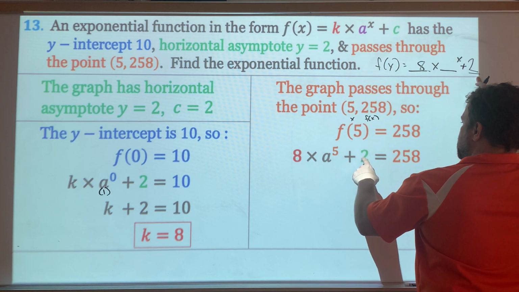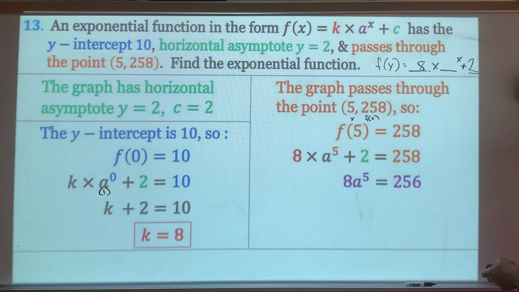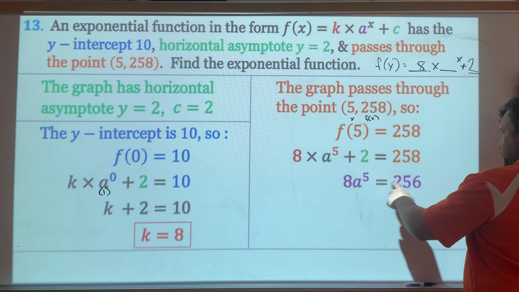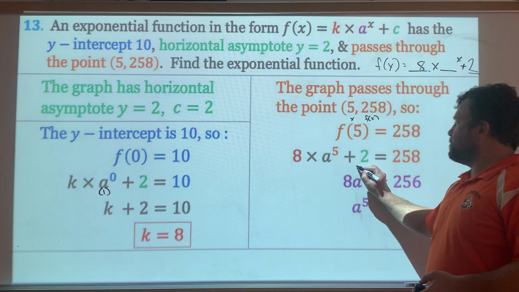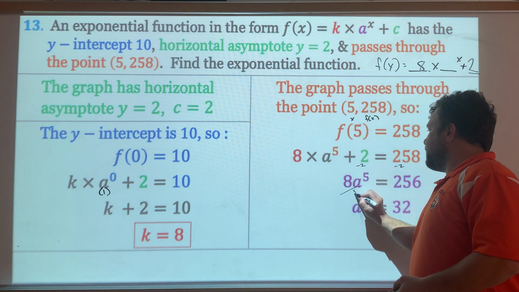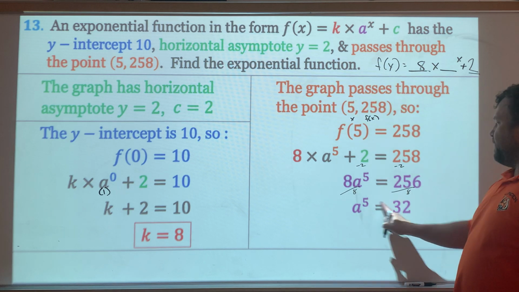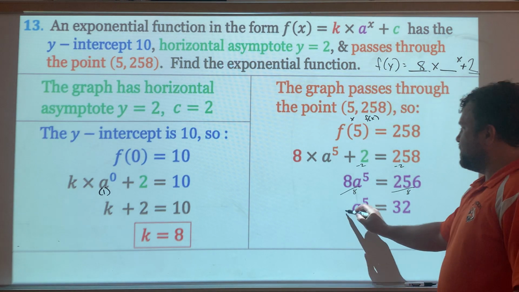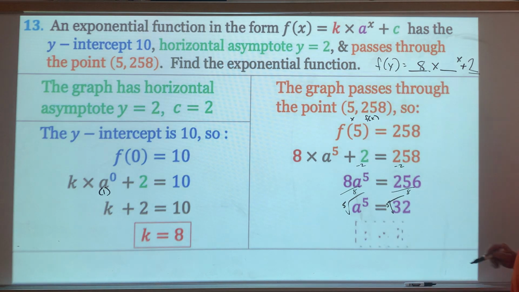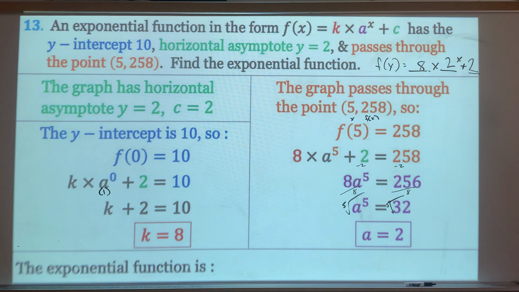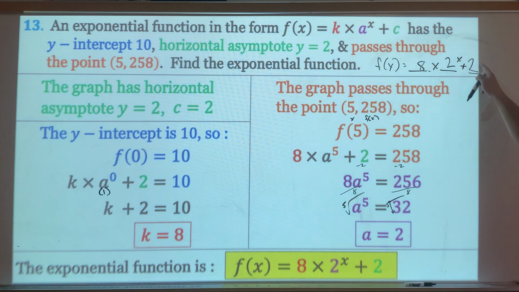All right. Subtract 2 from both sides. 8 times a to the 5th equals 256. Divide by 8. A to the 5th equals 32. Take the 5th root. I already know the answer to this. a equals 2. f of x equals 8 times 2 to the x plus 2.